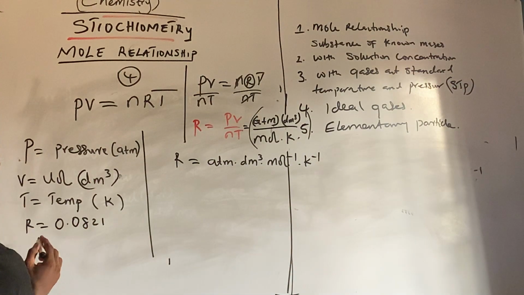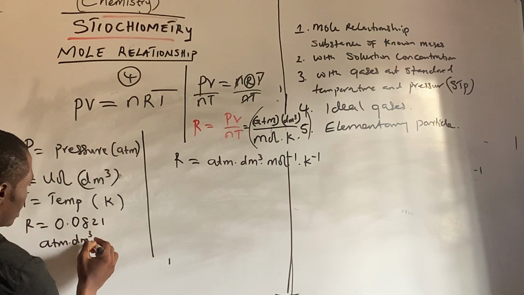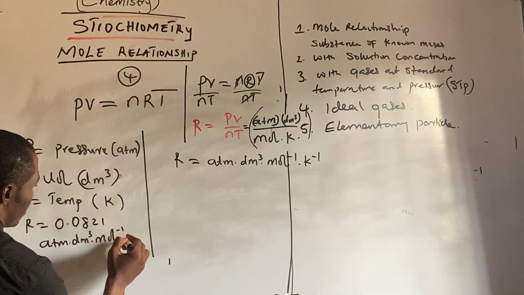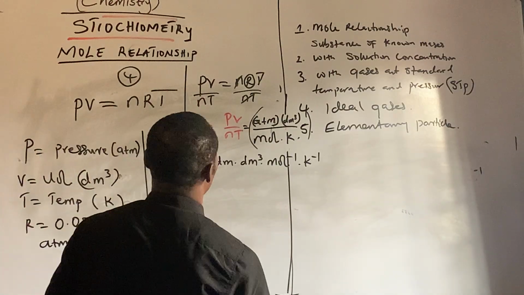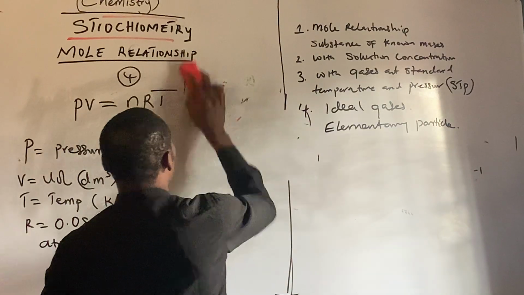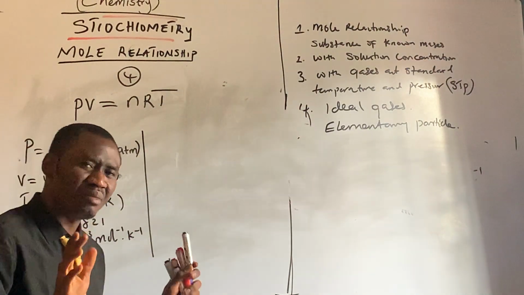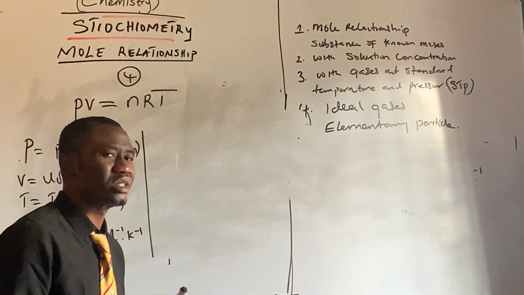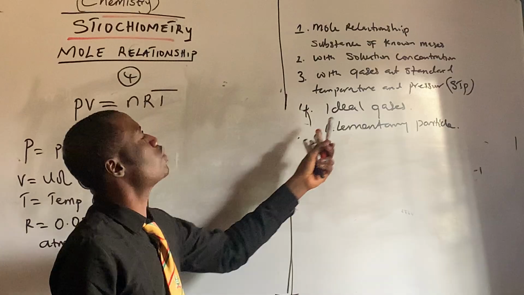So let's put it over here: atm dm³ per mole per Kelvin. So we have gotten the unit. Some examiners will want you to find the unit of this. So you don't need to cram it, just know how to get it. Very important.